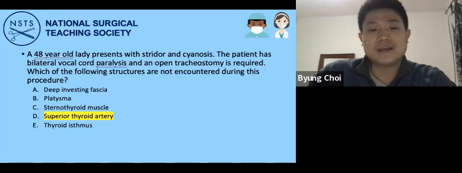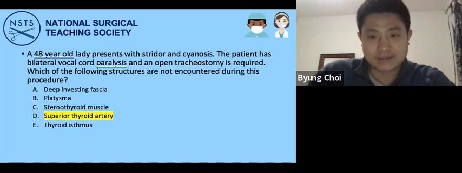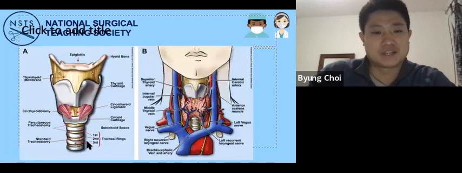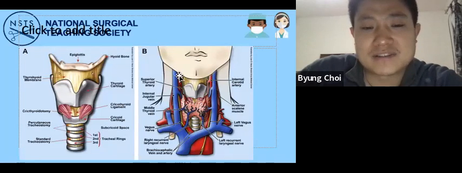Okay, and then you've got strap muscles that will lead to the thyroid isthmus, and then you're onto the tracheal rings. Okay, and it's the superior thyroid artery that comes off, and from this diagram you can see that, first of all, superior thyroid artery is because it comes off laterally on both sides.